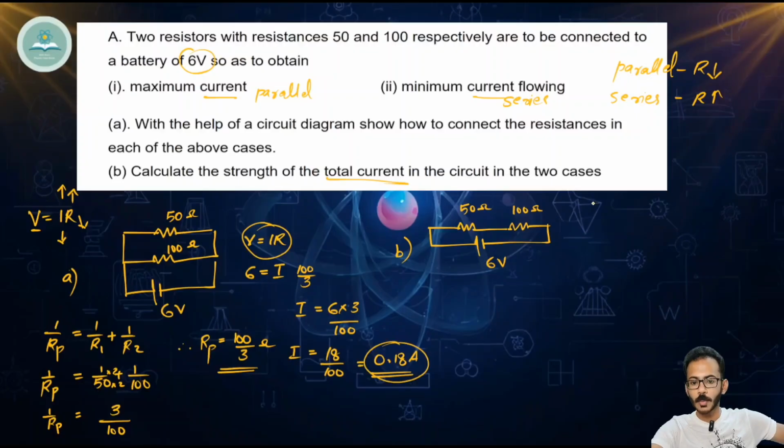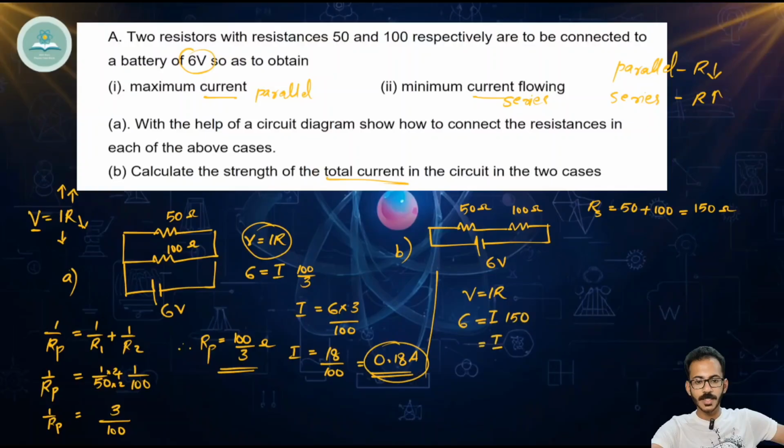Here effective resistance R series is equal to 50 plus 100, since it is series connection. So it is 150 ohm. Now let's find out the current in the same way. Using Ohm's law, V is equal to I into R. V is already known, that is 6 is equal to I, we have to find out, into the resistance. Resistance is 150.